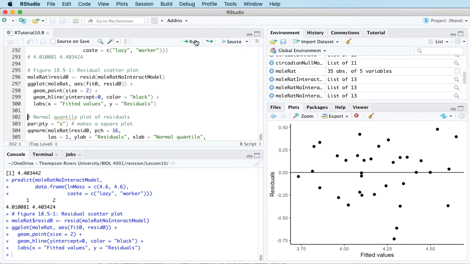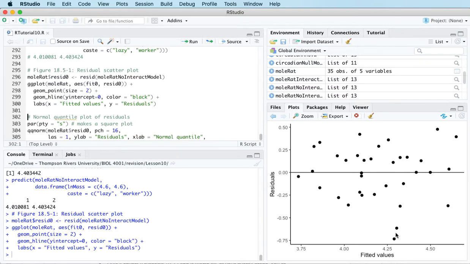This is for this no interaction model, and what we would like this plot to look like is a random scatter of points with a roughly symmetric cloud of points above and below the horizontal line at 0, little noticeable curvature as we move from left to right along the horizontal axis, and approximately equal variance of points above and below the horizontal line at all predicted values or fitted values. And that's the case here.